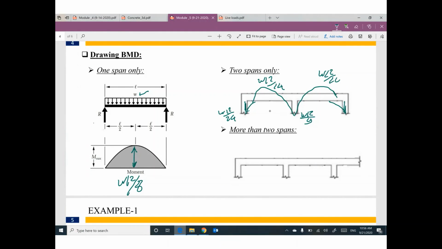WL squared divided by 24. If you have more than two spans, we will have negative here, and another negative here, and keep going. WL squared divided by 24, we covered this before. I just remind you, 14, WL squared divided by 10, WL squared divided by 11, WL squared divided by 16, and so on.